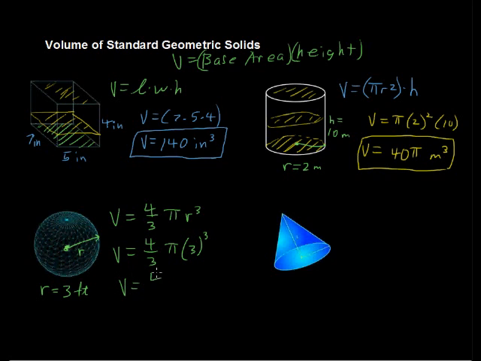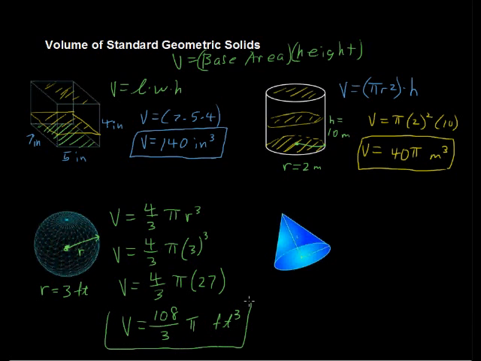So we've got 4/3 pi times 27, and 4 times 27 is 100 plus another 8. 108 over 3 pi. And our label is cubic feet. And of course, again, you could turn that fraction into a decimal and then multiply by 3.14 if you would like to get some approximation.